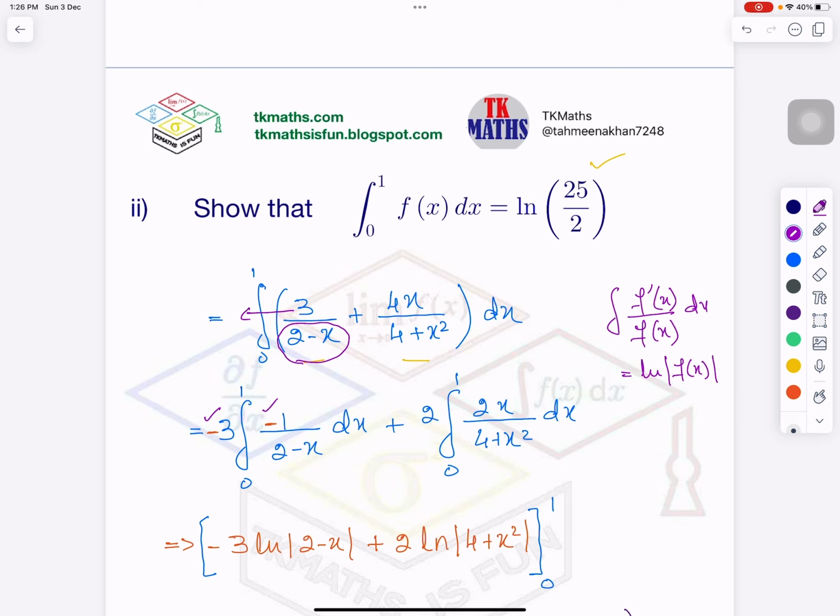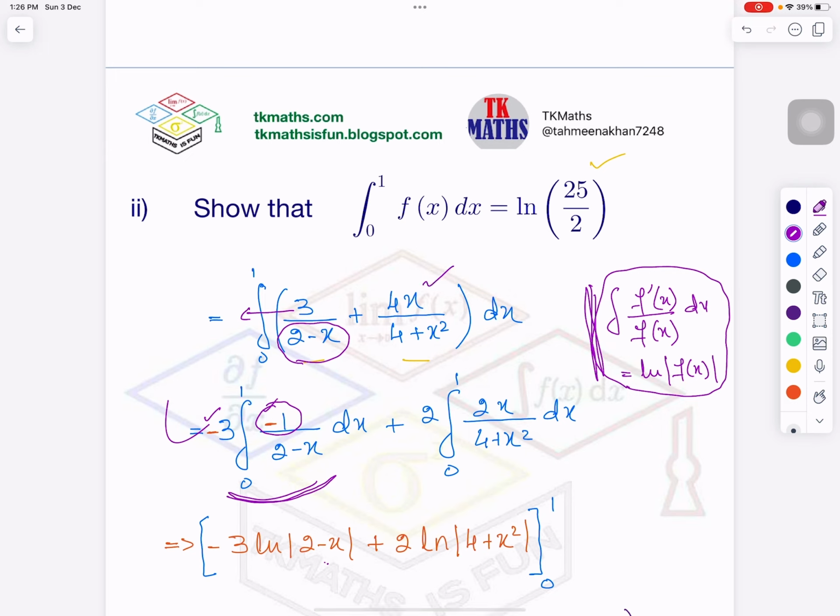So here I wanted to bring minus 1 in the numerator so that I can apply this concept. To write minus here, I have to write minus outside, because minus multiplied by minus will become plus and the question will be the same as it was earlier. So once I have satisfied this situation, I will simply write in place of this integration ln 2 minus x because of this formula, and minus 3 is there.